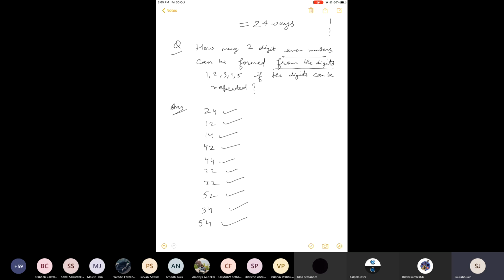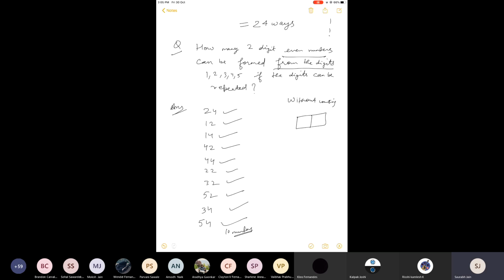So how many are these? There are, I think, 10. 1, 2, 3, 4, 5, 6. Yes, 10 numbers, which you have actually got by counting. Without counting, I will get this in one step. See this: for a 2-digit number make 2 boxes, for a 3-digit number make 3 boxes, for a 4-digit number make 4 boxes, and so on.